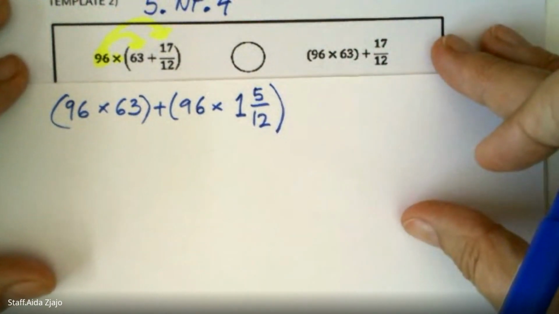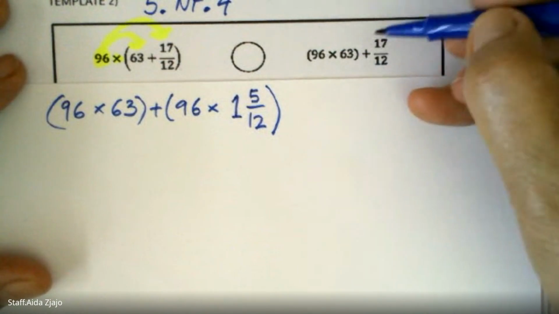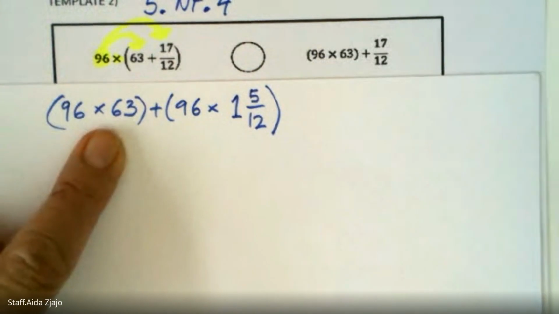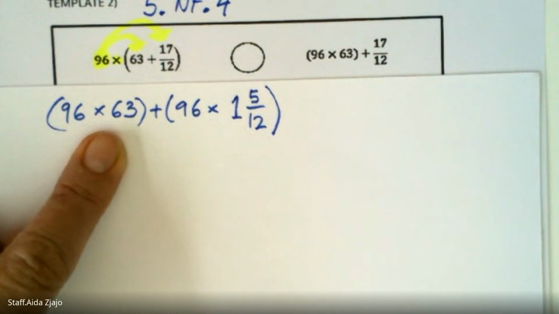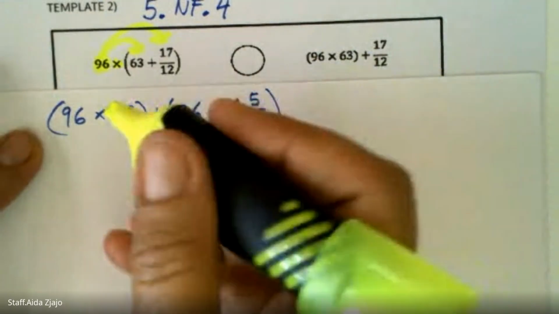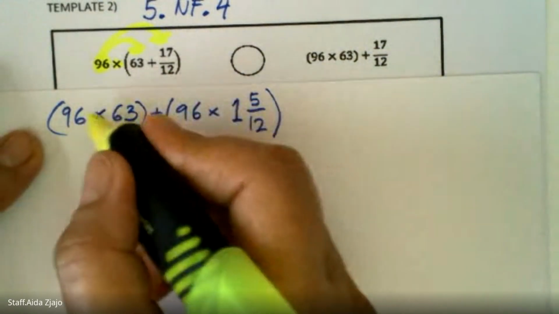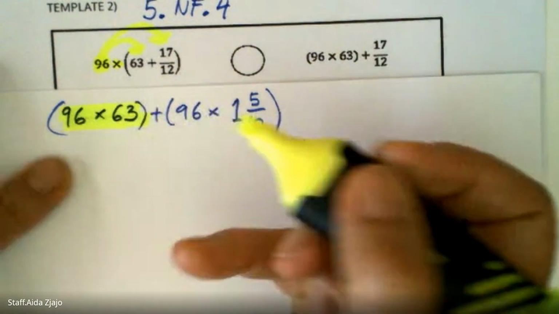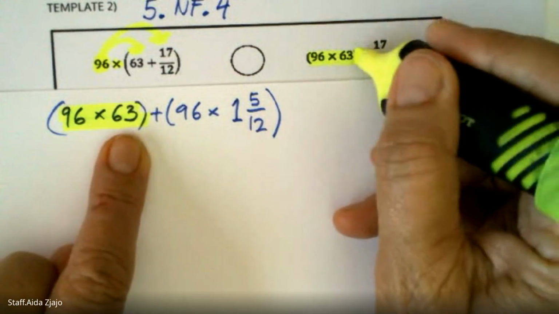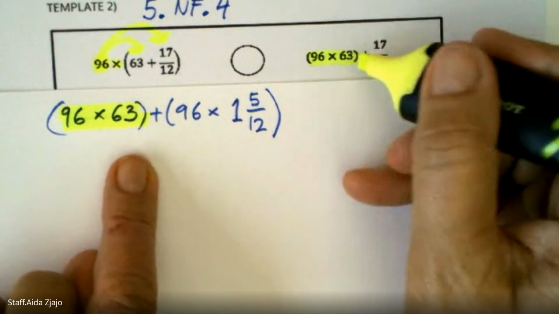So that's what would be on this side. On the other side, you needed to multiply the same number. We can find the solution, because 96 times 63 would be the same as 96 plus times 63.